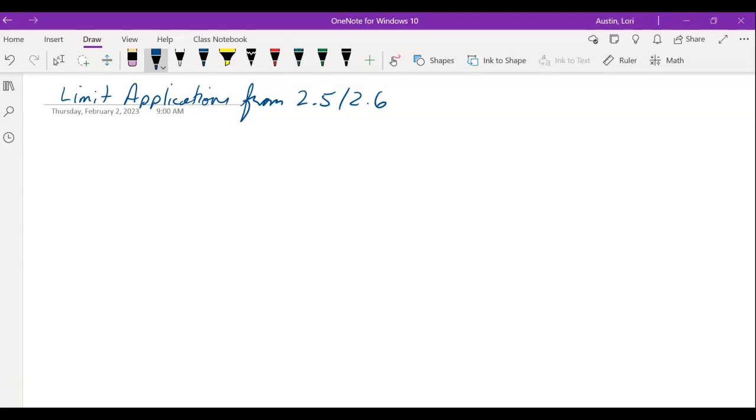So let's talk about an application. Let's suppose we have a colony of squirrels, like actual squirrels, all right? You may recall things like population growth can actually be represented by functions.